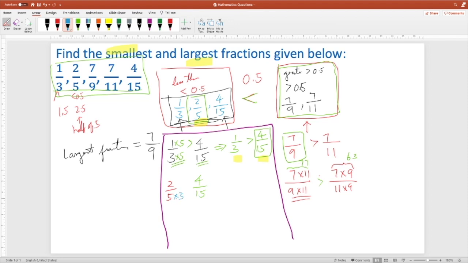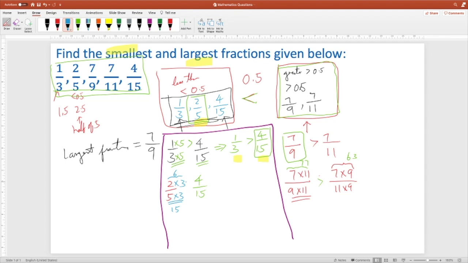Okay, the denominator becomes 5 times 3. So the upper side times what? 3. Okay, so 2 times 3 becomes 6. Because now the denominator is 15, we are going to compare the numerators. Which one is bigger? 2 over 5, because 6 is greater than 4.